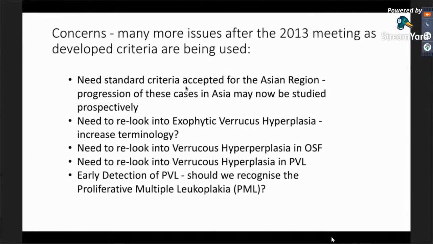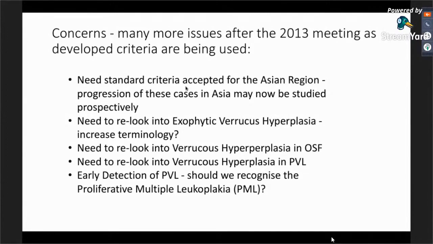We need to relook into exophytic verrucous hyperplasia, whether we want to have other terminologies, whether we want to modify these terminologies, because every time this terminology is put up to pathologists in general, the main issue is that we were unable to show that, independently, these are the ones that become cancer. So we're not sure that it is OPMD.